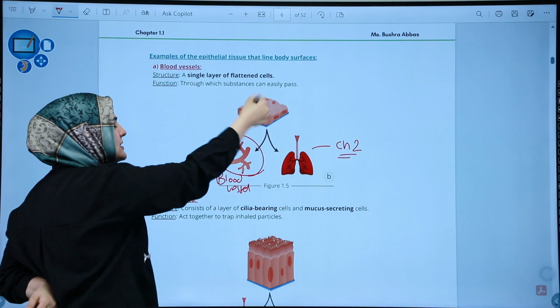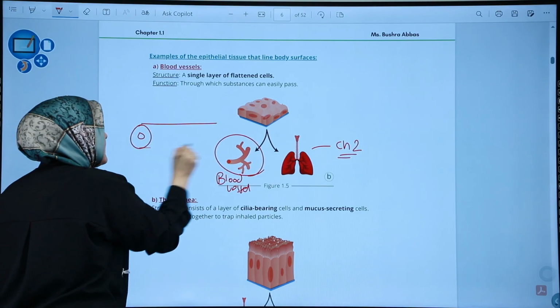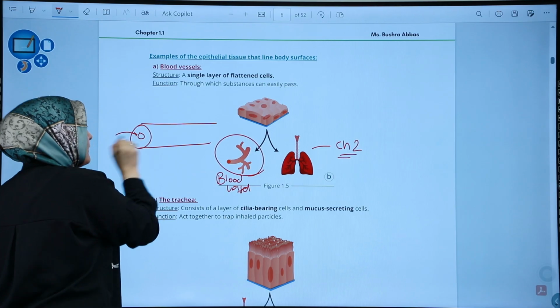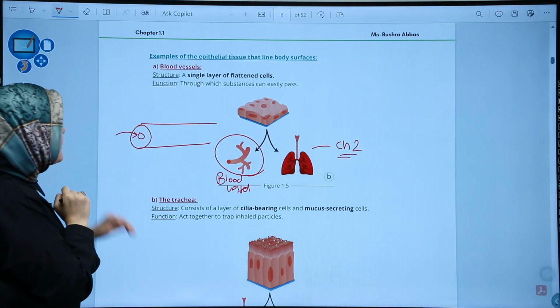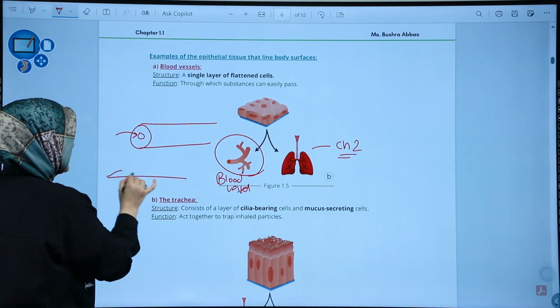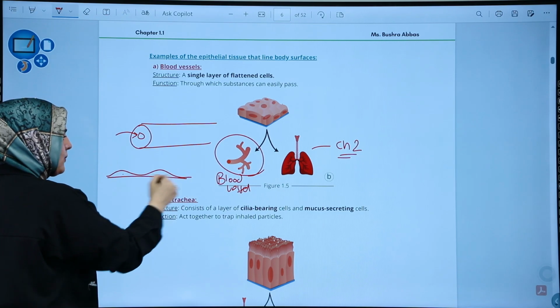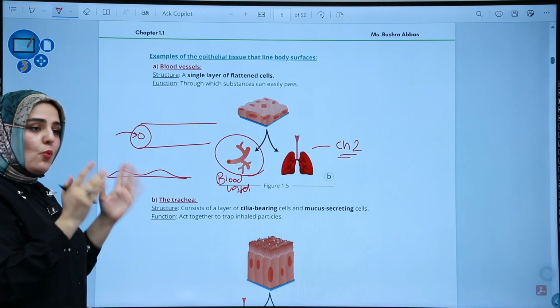It says blood vessels have epithelial tissue from the inside. If this is the blood vessel, the inside here has epithelial tissue. And it says this epithelial tissue is a single flat layer. It looks like this. It's flat and it's a single layer, one layer only, done. Why is that?